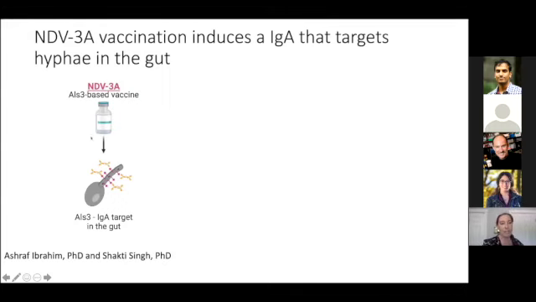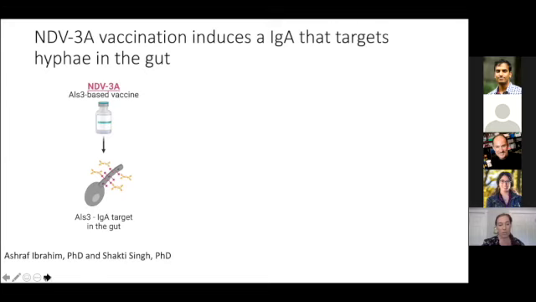This vaccine induces an immune response specifically against one Candida adhesin, that's ALS3. And ALS3 notably was one of the most highly targeted adhesins by IgA that we observed in our studies in the gut. And so we asked first whether NDV3A vaccination could induce an intestinal fungal specific response that we can observe.